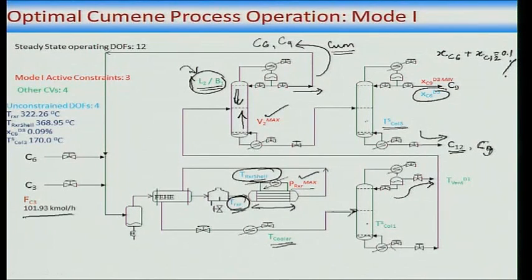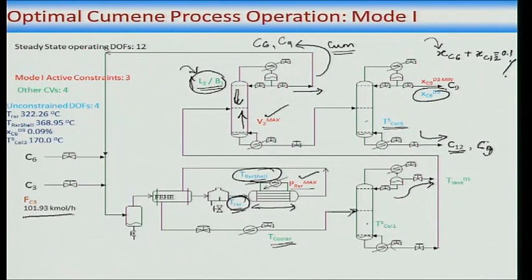So, between these two impurities in the product, only one is independent. If I choose X C6 as independent, that means if I set X C6 equal to, let us say, 0.05%, then X C12 will be 0.1 minus 0.05, 0.05%. If I choose X C6 to be 0.08%, then X C12 will be 0.02%.